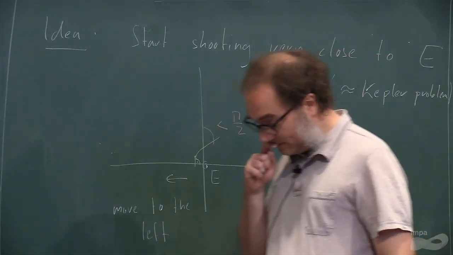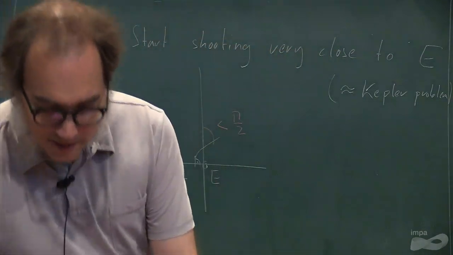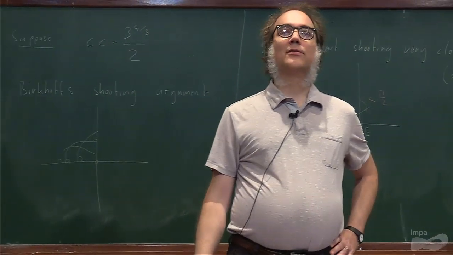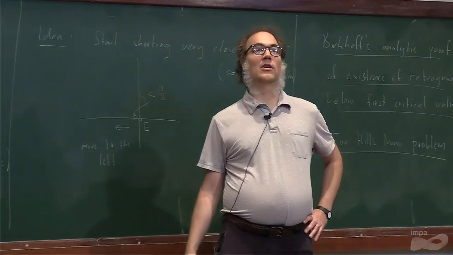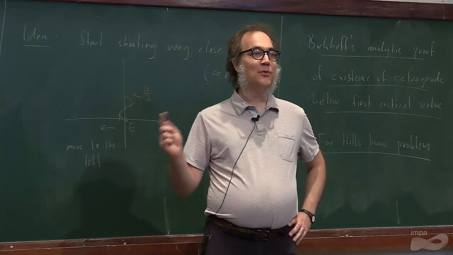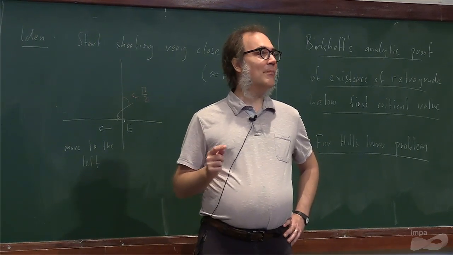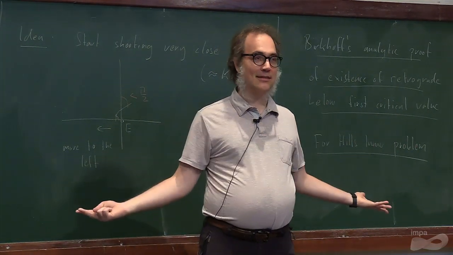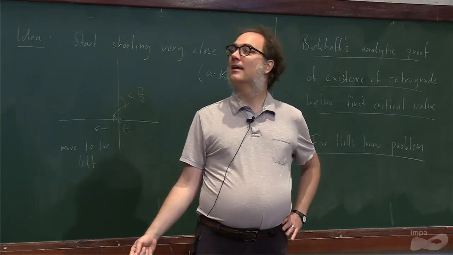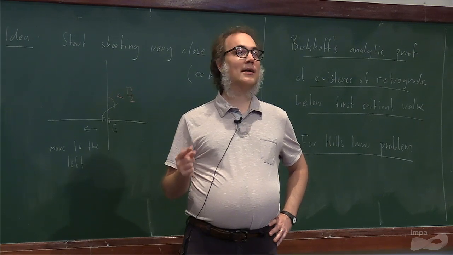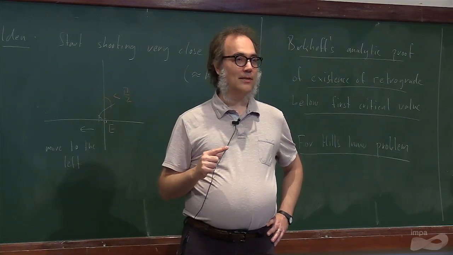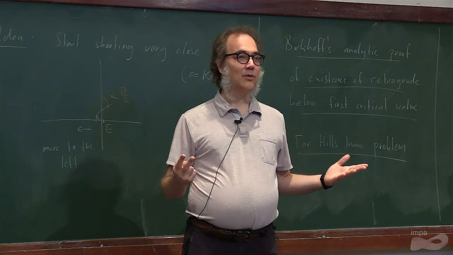What makes Birkhoff's proof so interesting is that his proof proves more. So he proves existence of the retrograde, but he gives us an additional present, namely a symmetric collision orbit, which is a byproduct of his proof.